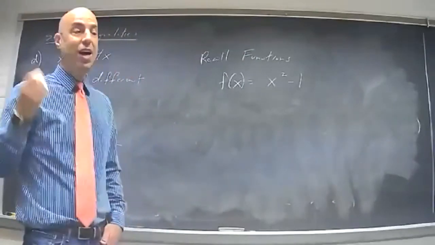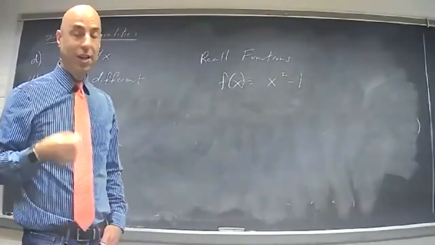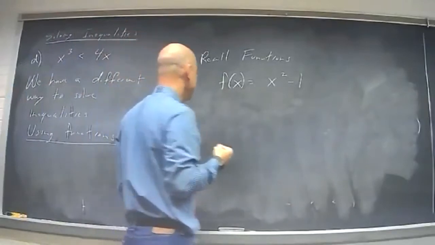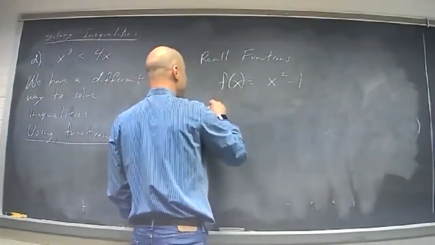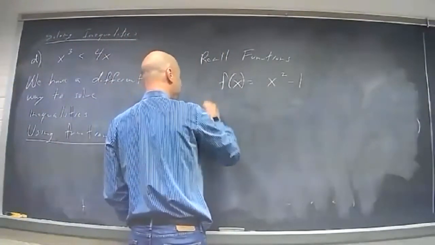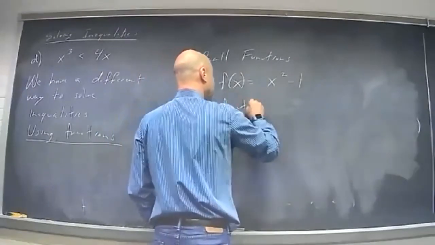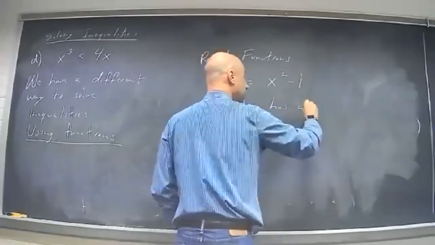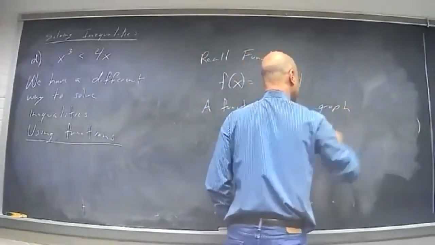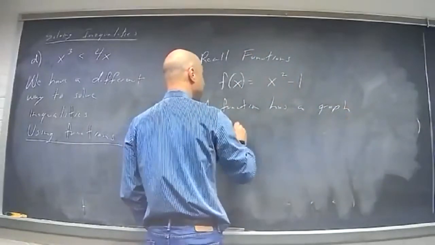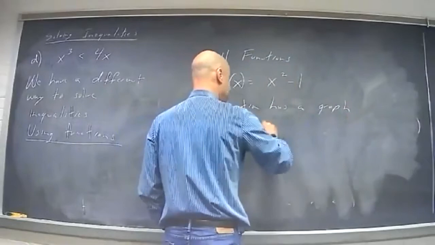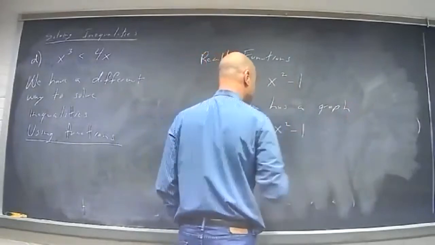So a number goes in, a number comes out. The important point that we're going to use now is that a function has a graph. In this case, y equals f of x, which is just x squared minus 1.